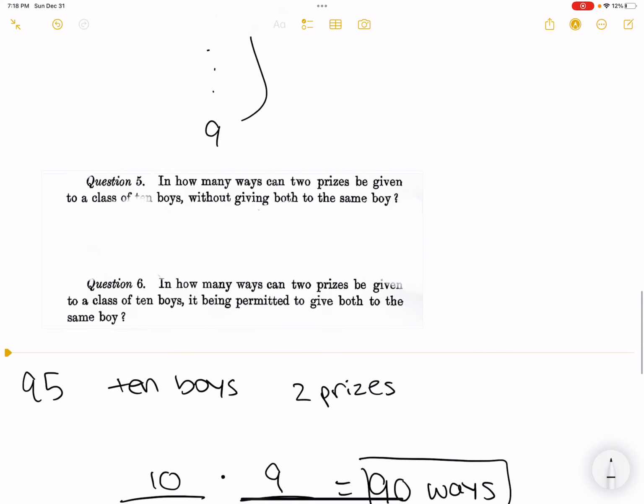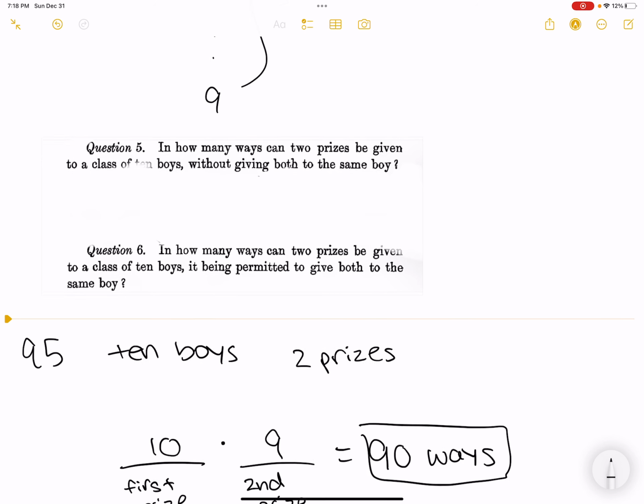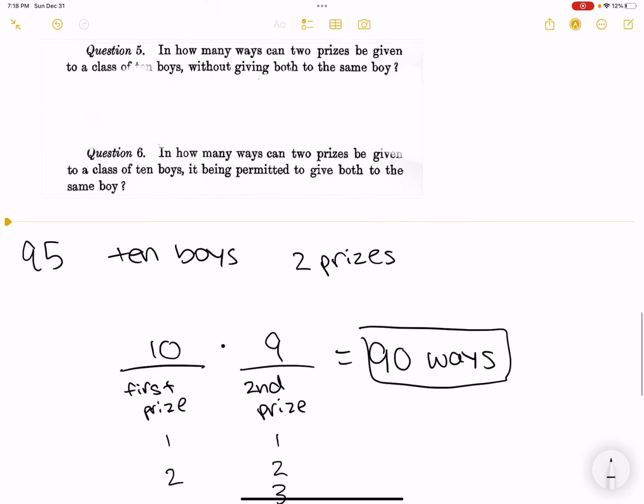So let's recap this. It is shown that in question 5, there is a condition where both gifts are not allowed to be given to the same boy. So this causes there to be a lower amount of ways to solve this. Then in question 6, there are no conditions. When a question has a condition or a restriction, that deeply affects the answer.